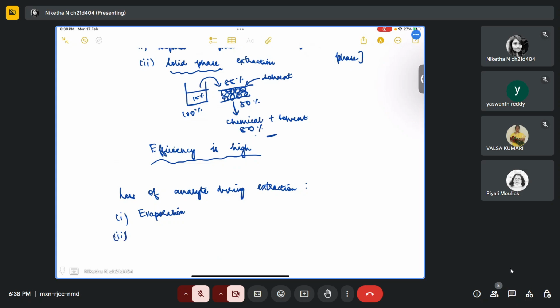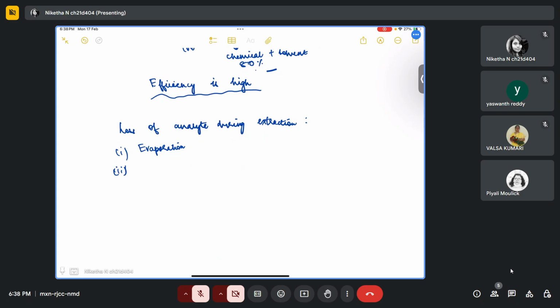Any other losses? Any other way of loss?